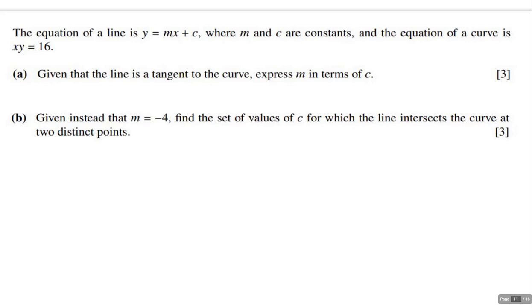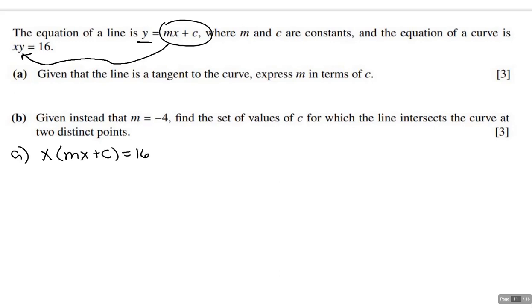You'll notice this is y, and what I can do is take what y is equal to and put it right there. So let's try that. It's now going to say x times mx plus c is equal to 16. Now notice they say given the line is tangent, express m in terms of c.